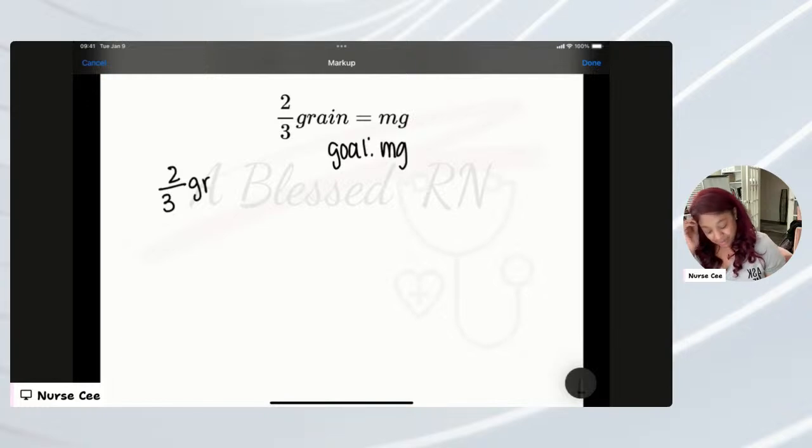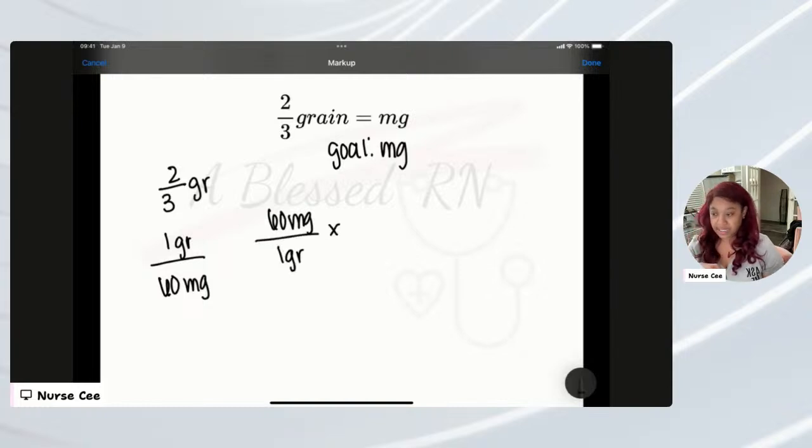But yes, so 2/3 grains equals what, milligrams? We know that 1 grain equals 60 milligrams. If I'm looking for milligrams, that's what I'm going to start with. So 60 milligrams is 1 grain.